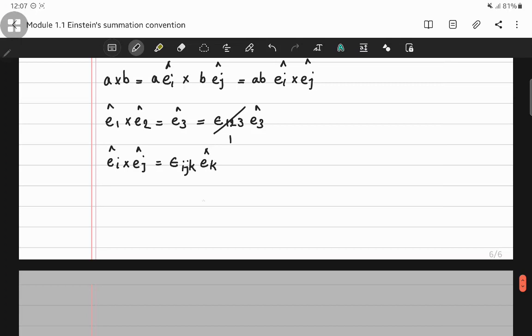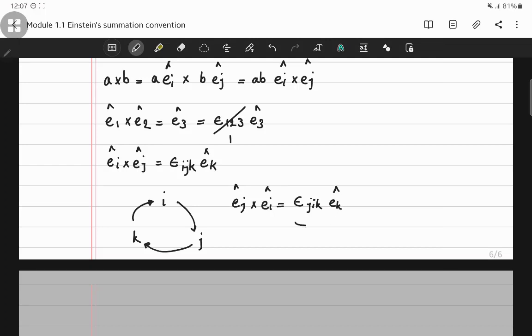And as I already mentioned, you have i, j, and k. So if you have, for example, e_j cross e_i, with the assumptions we made here, i, j, and k, this becomes epsilon jik e_k.